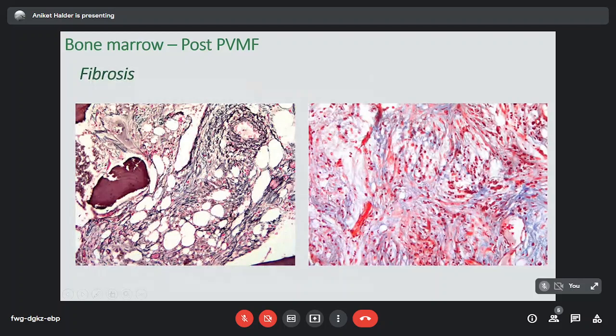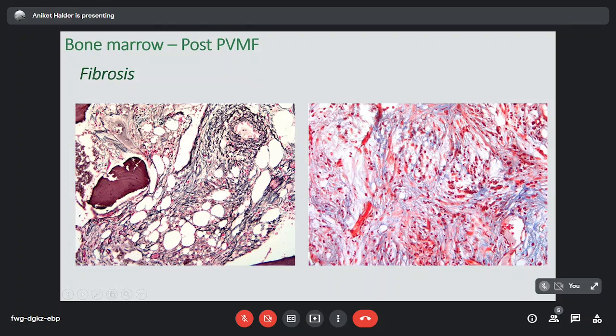Now, this is the fibrosis that is seen in post-polycythemia vera myelofibrosis. On the left, a reticulin stain has been done, where we can see intersecting dense reticulin fibrosis. And there is a Masson trichrome stain on the right side, where we can see the dense collagen fibrosis, as demonstrated by the blue fibrous bands.